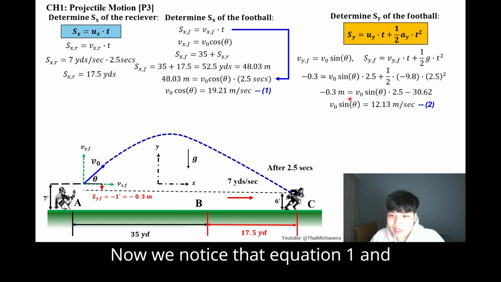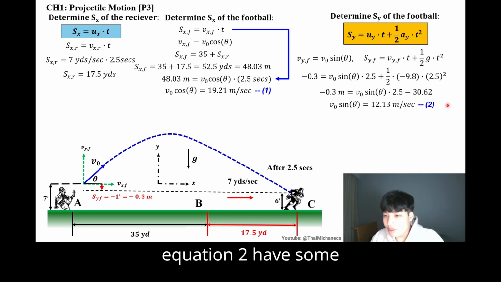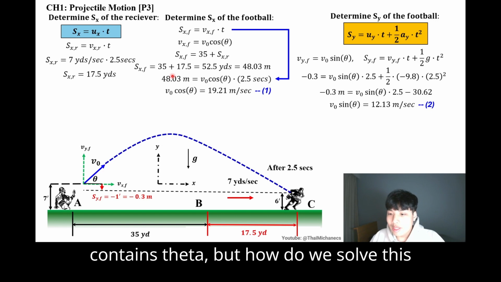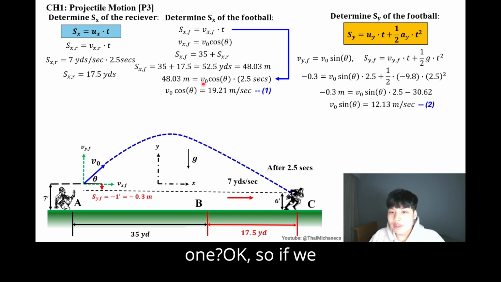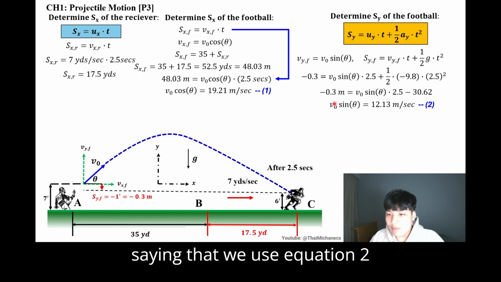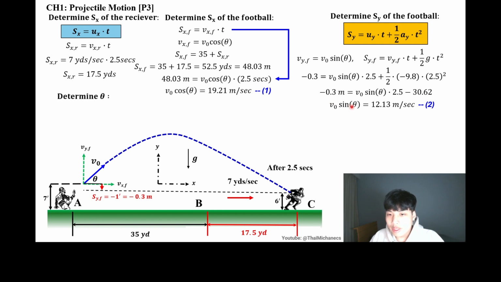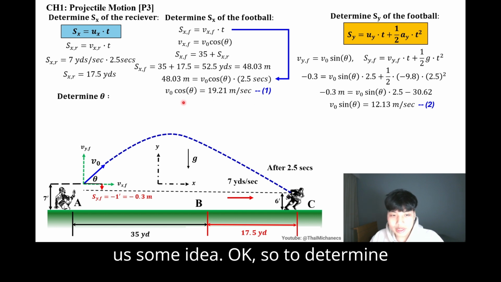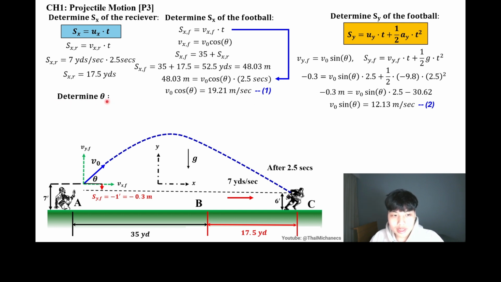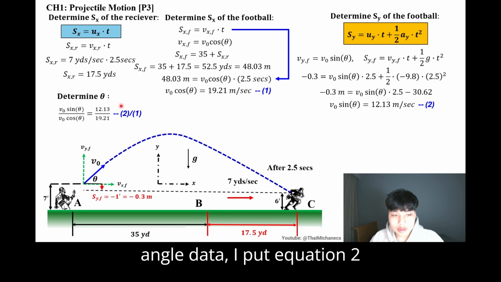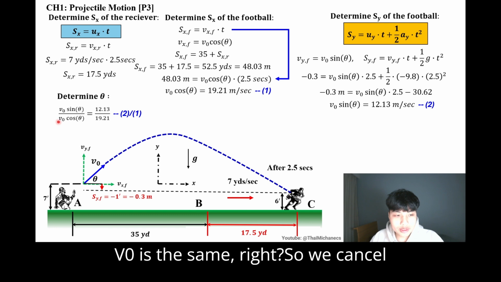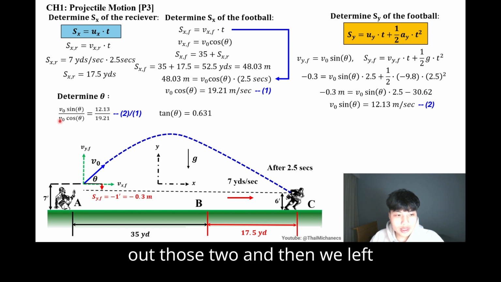Now we notice that equation 1 and equation 2 have some similarity. They contain v0 and theta, but how do we solve this? If we use equation 2 divided by equation 1, it should give us some idea. To determine angle theta, I put equation 2 above equation 1, and you can see that v0 is the same, so we cancel those out.